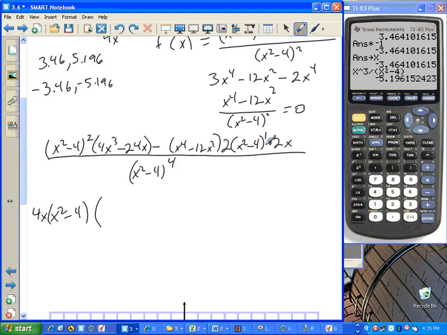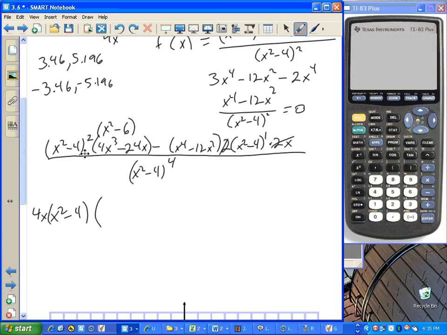So if I pull 4x out of this term and this term, that's taking care of these. This then turns into x squared minus 6. So far I've pulled out an x squared minus 4 from here, which leaves one of them.